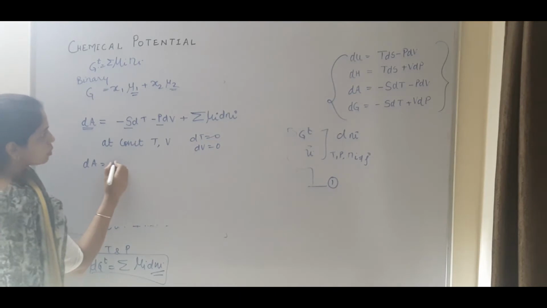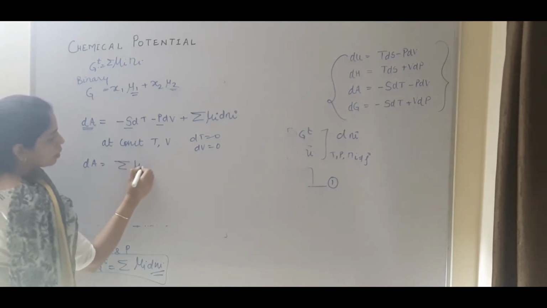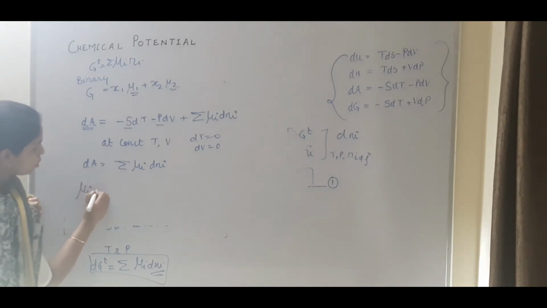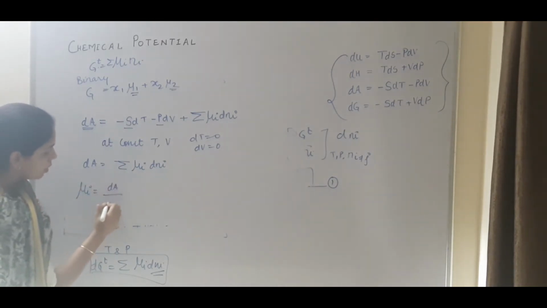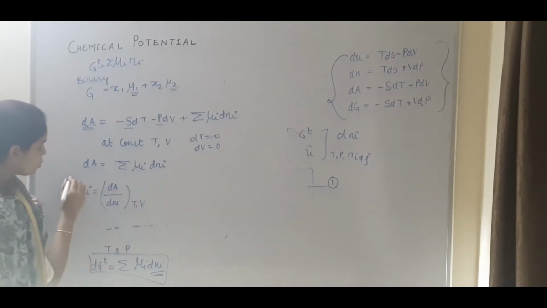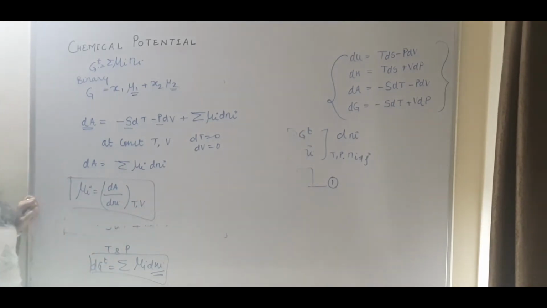So dA equals the summation of mu i dn i, or you can write mu i equals dA upon dn i at constant temperature and volume.